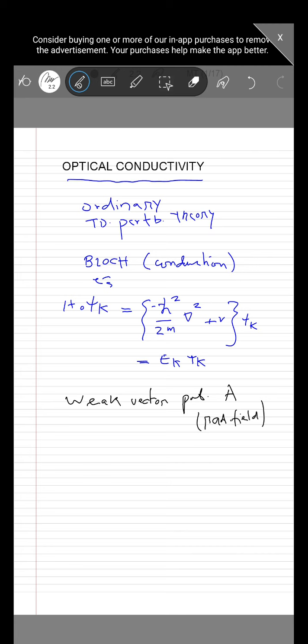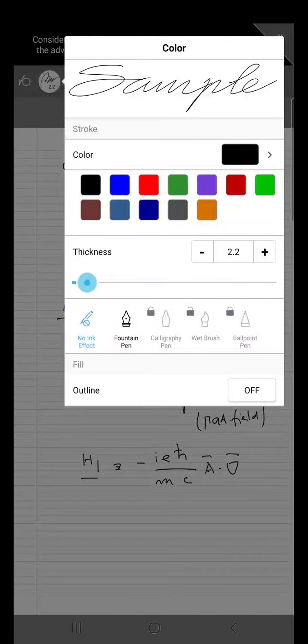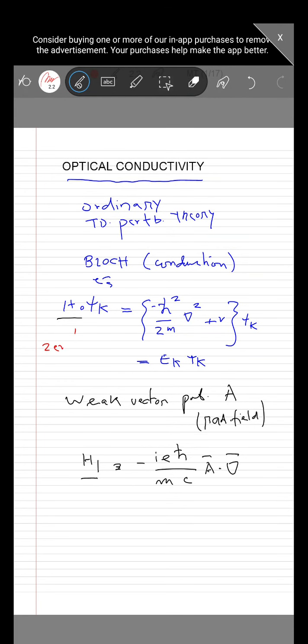This is introduced by an extra term which we will take as H1, the perturbation term, and it is defined as minus i e h cross by mc into A dot del, and this H0 is the zeroth order Hamiltonian to which this perturbation has been added.